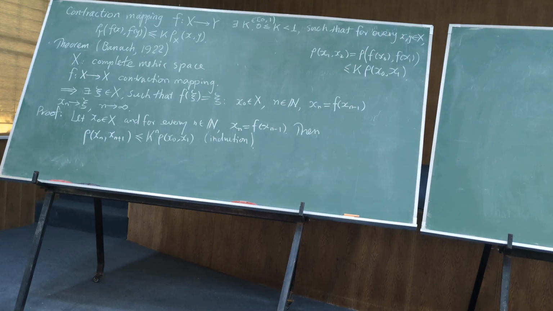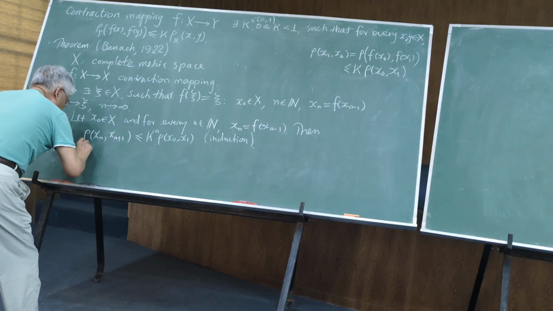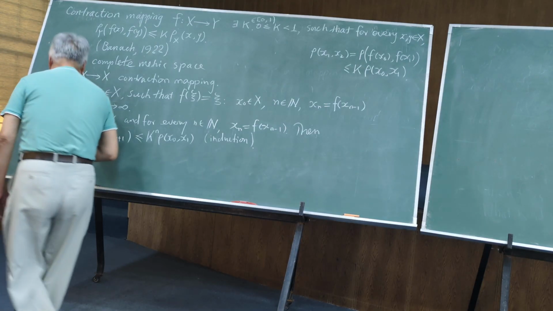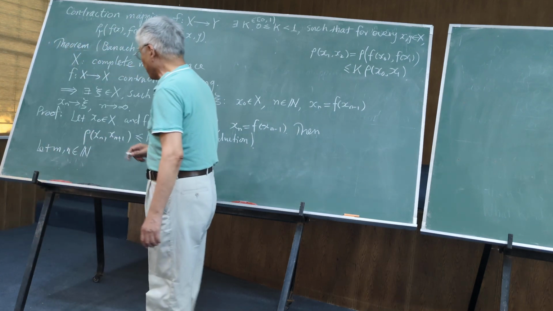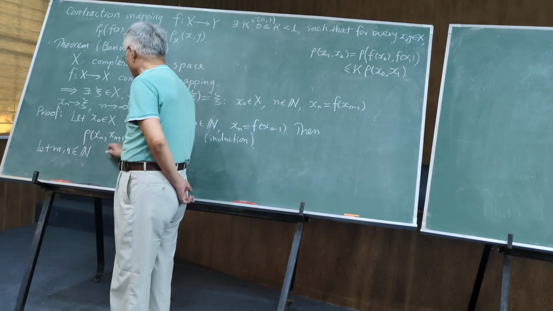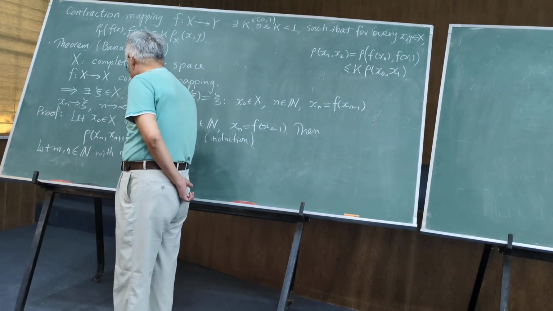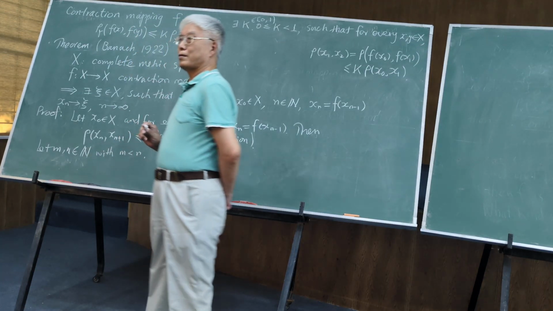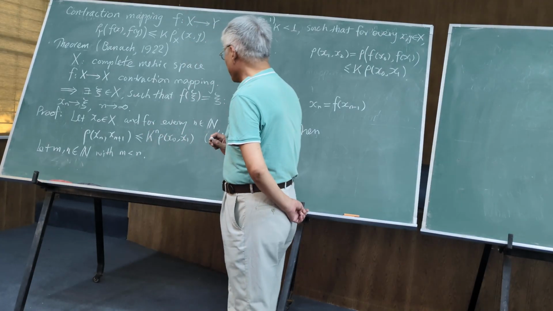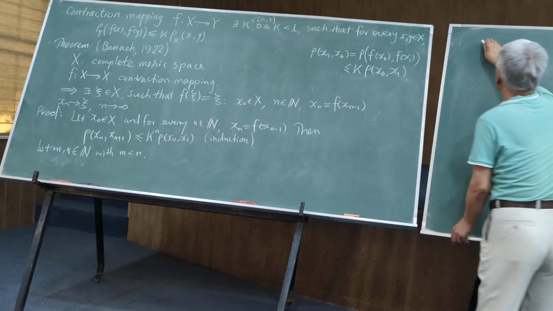So let us assume that m and n are natural numbers, and there is no loss of generality in assuming that, if they are distinct, m is smaller than n. And we look at the distance between xm and xn.